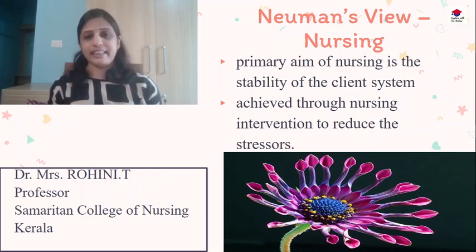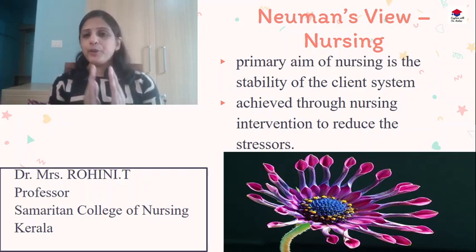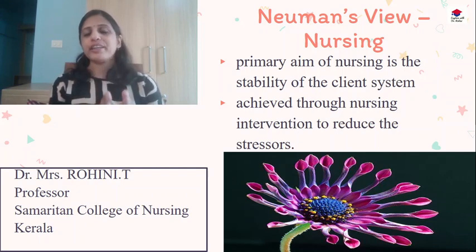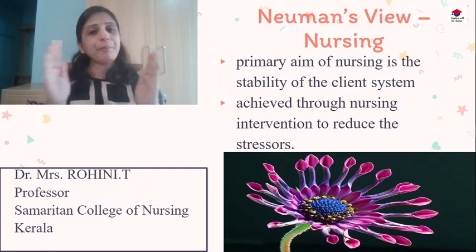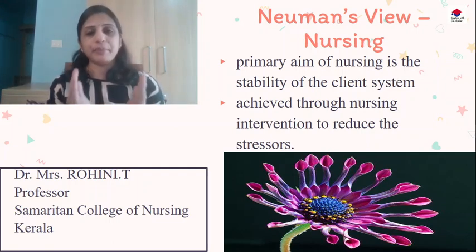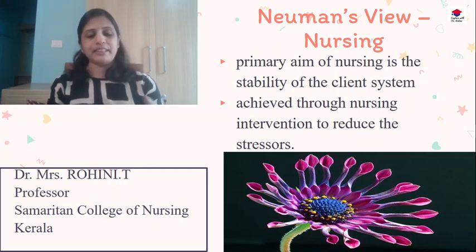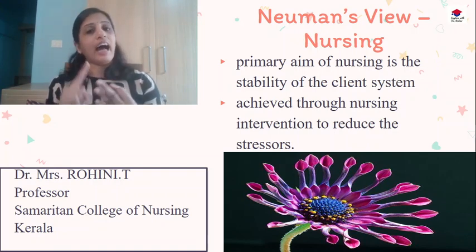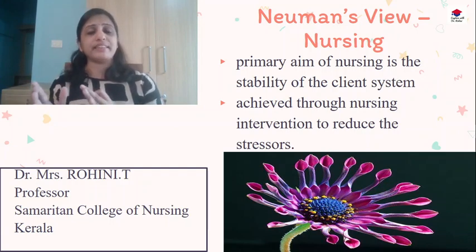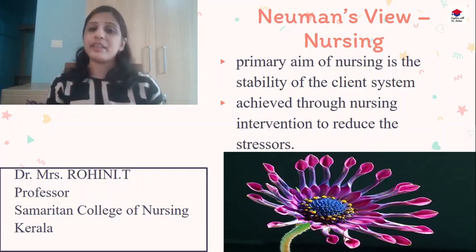So, in a nutshell, we can say that Neuman has viewed a nurse as a person who gives importance to the comprehensive care of the patient. Comprehensive means she has to assess the variables, she has to assess the stressors, that is the intra, inter, and extrapersonal stressors, and then she should help the patient come back to stability.